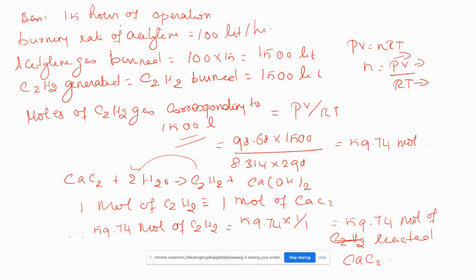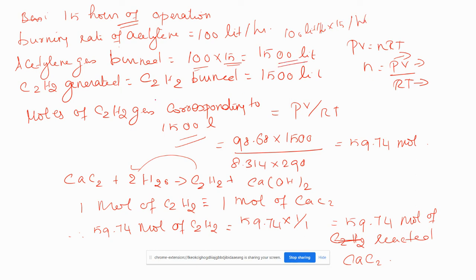So 15 hours of operation is our basis. The burning rate of acetylene is 100 liters per hour. So the acetylene gas burned for 15 hours will be 100 liters per hour into 15 hours. The hour will get cancelled. So we get 1500 liters.